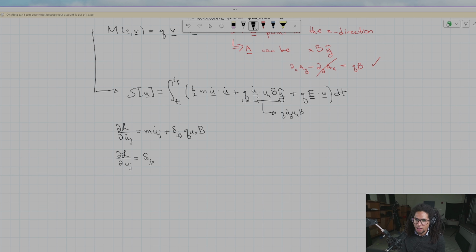Then if j is x, we'll get q u_y dot times B. And then if j is anything, we'll always get q E in the j direction. Now I'll take a time derivative of the first one as I'm writing the Euler-Lagrange equation.